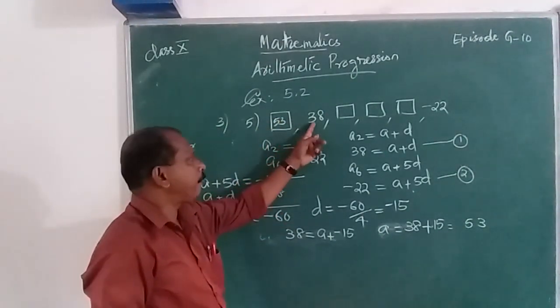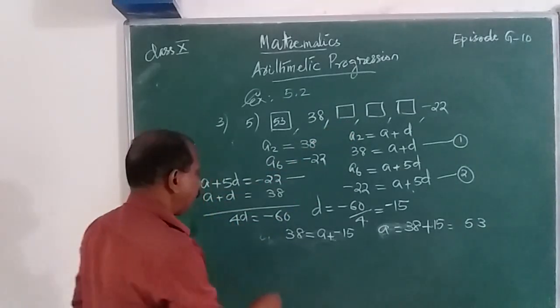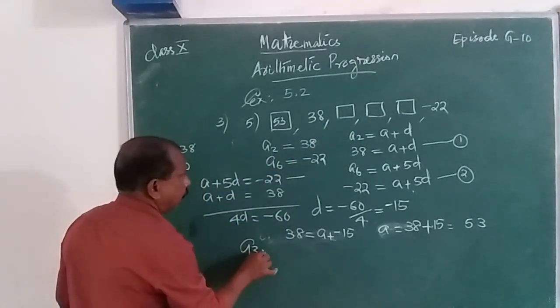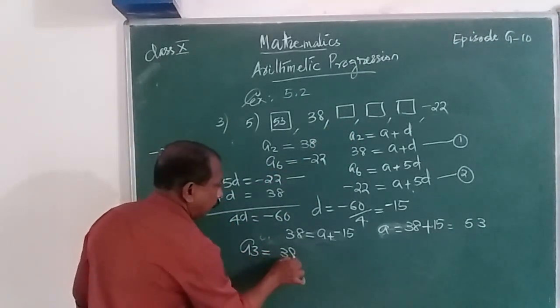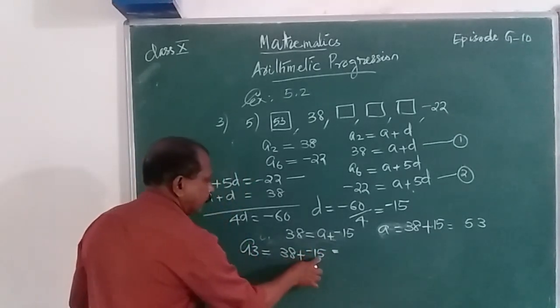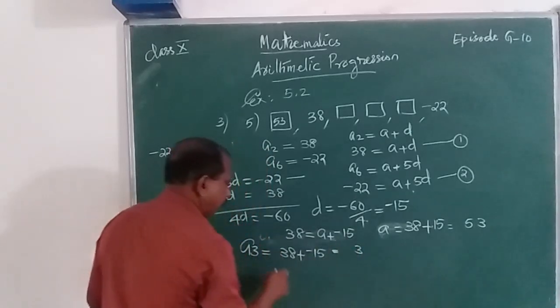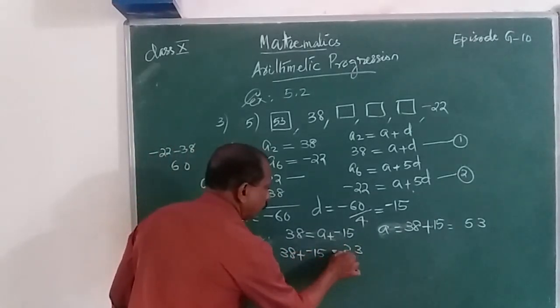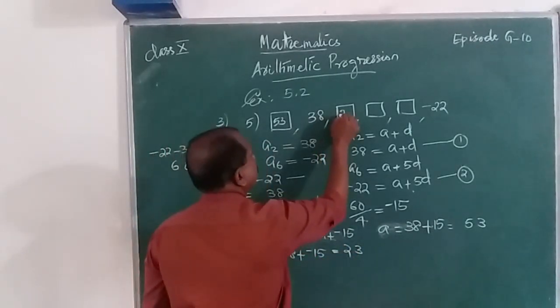Then the second term, third term. The third term, A3, is equal to 38 plus minus 15. 38 minus 15 is 23. Therefore, 23.